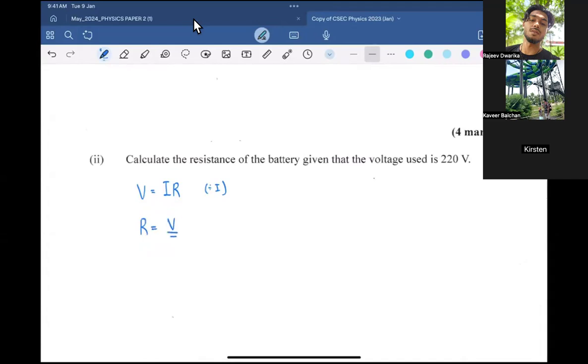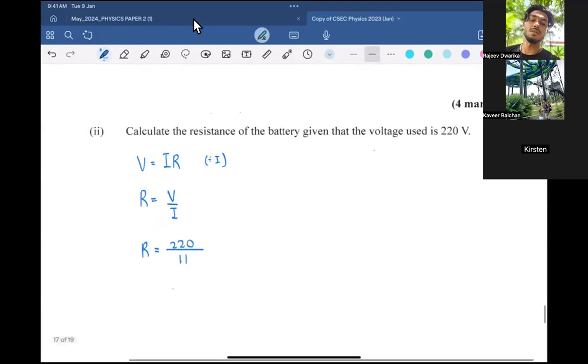So do I know what the voltage is? What's the voltage? 220 volts. All right, and what's the current? Current is 11 amps. What's the answer? 0.05.